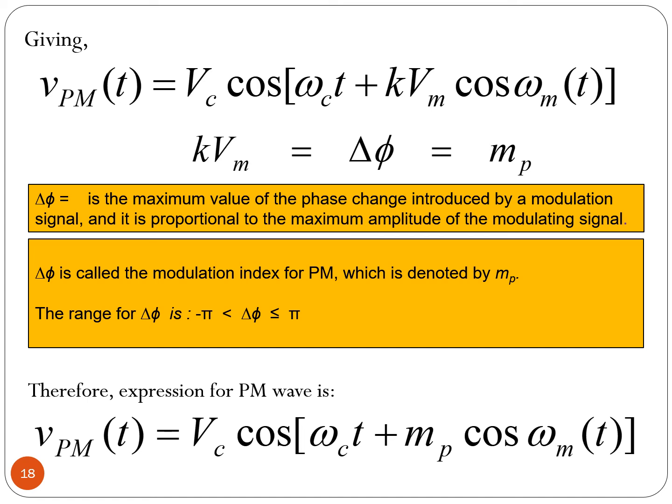The modulation index for PM is greater than negative pi, but less than or equal to pi. By substituting k Vm with Mp, the final expression for PM wave is equal to Vc cos(omega ct plus Mp cos omega m t).